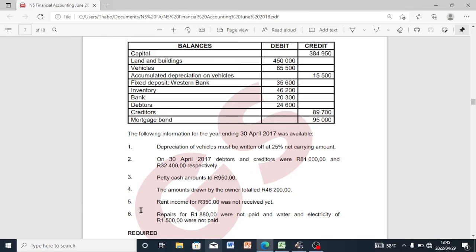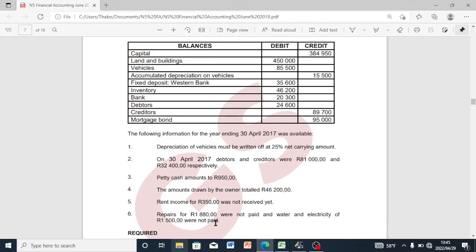We have already dealt with number 5, and then number 6 says repairs for 1,880 were not paid. Oh yes, these repairs and water and electricity of 1,500 were not paid. So these are our accrued expenses. Forgive me for not seeing this last information.